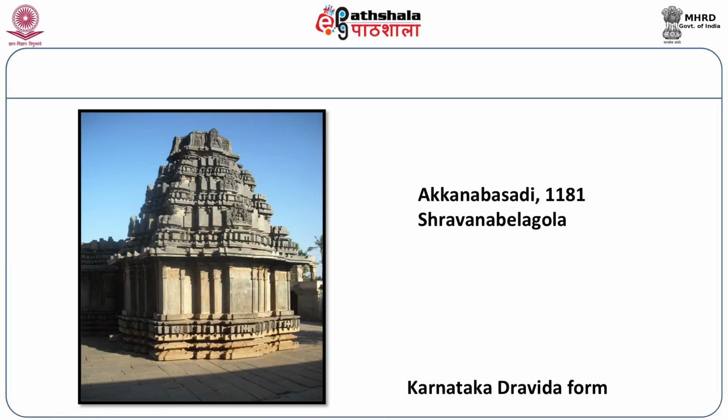It was built in 1181 AD under Ballala II. It represents Karnataka Dravida form, all right, but you can observe the simplicity of this temple so far as the wall details are concerned. Walls look almost monotonous except for the presence of the offsets and the Kudyastambhas which frame these offsets.